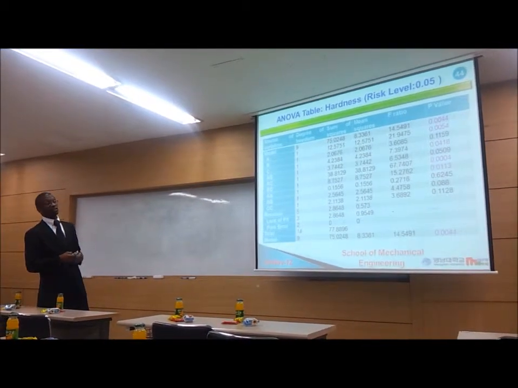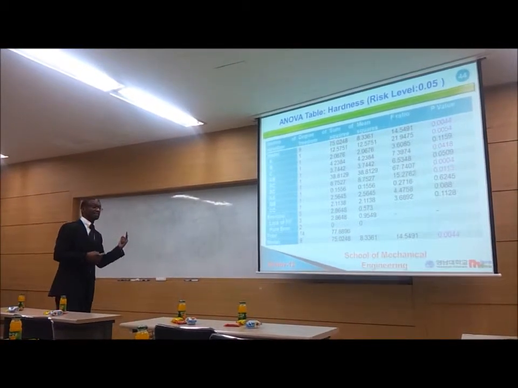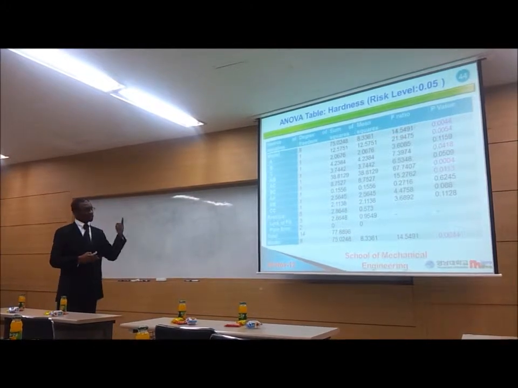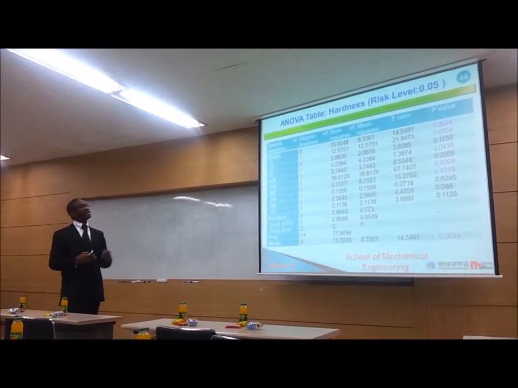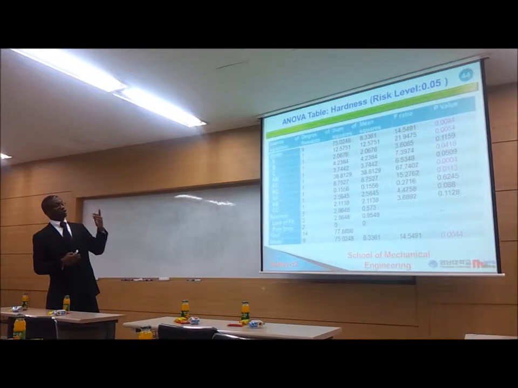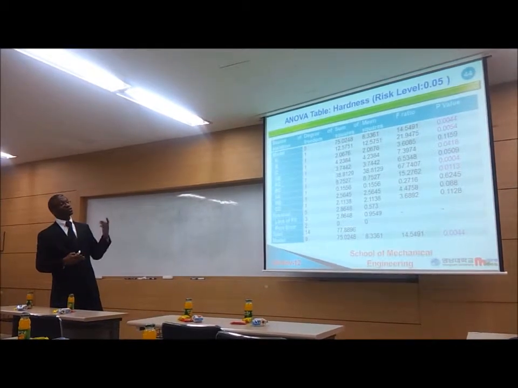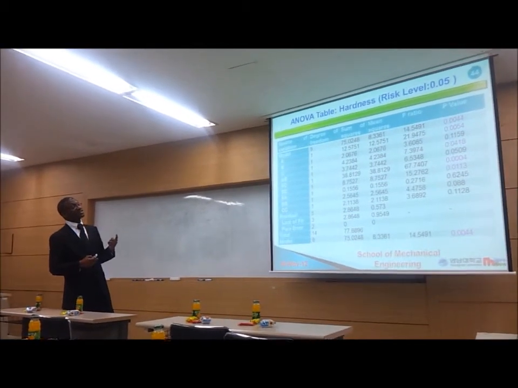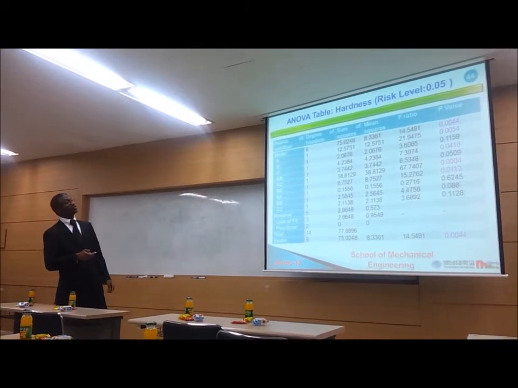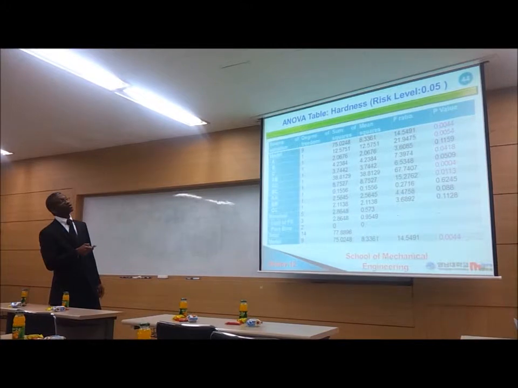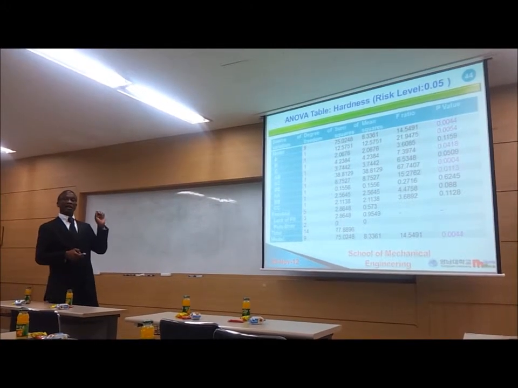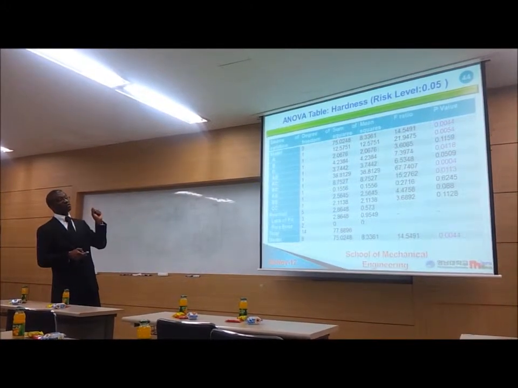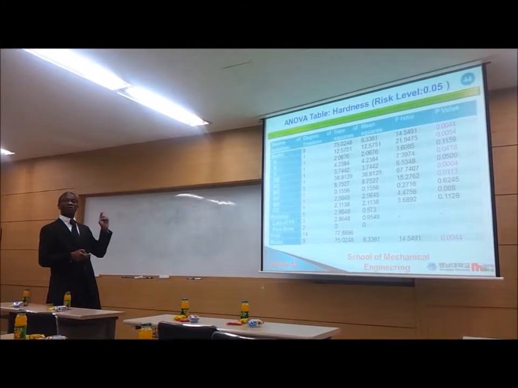This risk level is what dictates the result we are getting, because we can set the risk level to 0.1 or we can use 0.05. But the important thing is to check if the p-value is less than 0.05; it means the parameter giving that p-value has to be considered in the model.